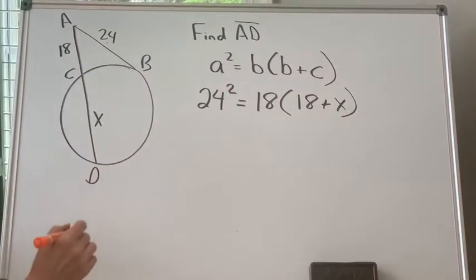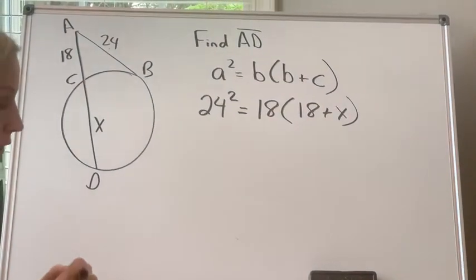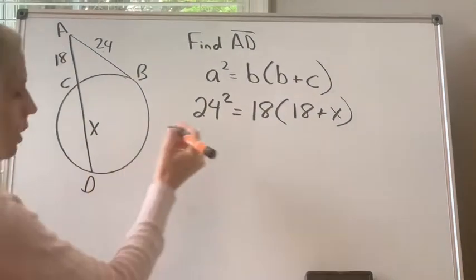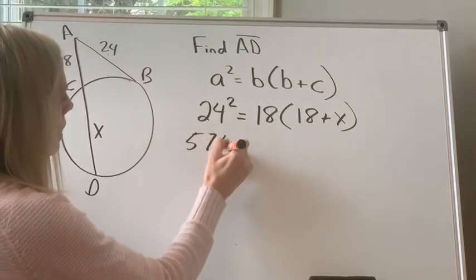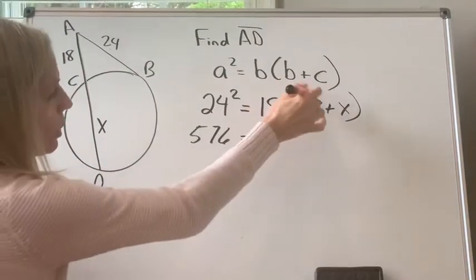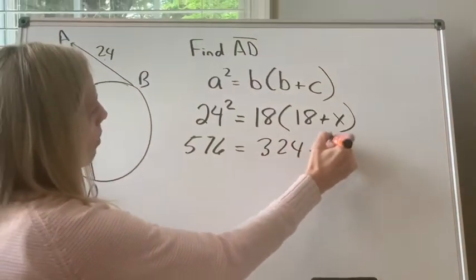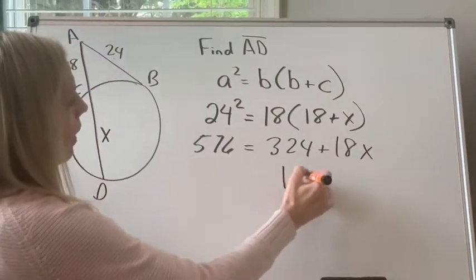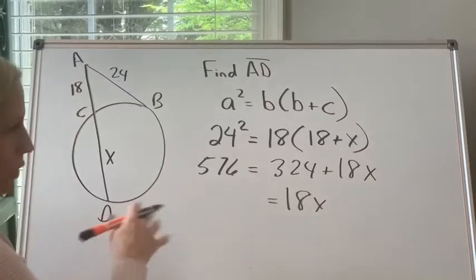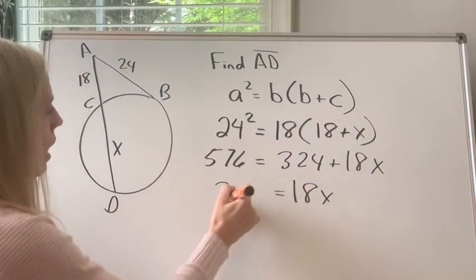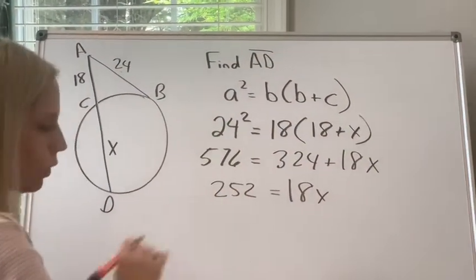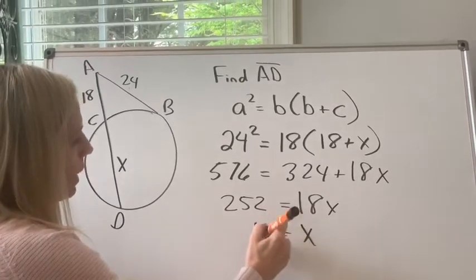All right, so that's our setup, and now we just want to solve for X. So when we do this, we get 576 is equal to, you're going to distribute here, so we have 324 plus 18x, and then that gives us 18x is equal to, subtract the 324 from both sides, that's 252, so x is equal to 14.